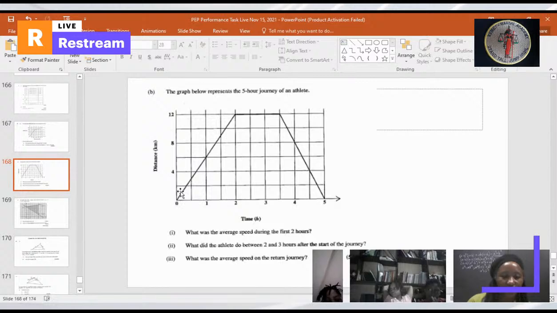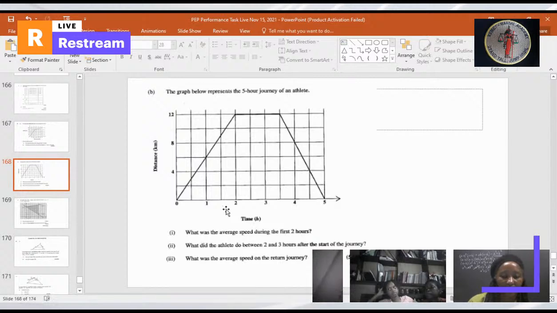So the distance was 12 kilometers. Miss, I was reading it wrong. The distance is 6 kilometers. And the time taken was 2 hours. So 12 divided by 2, so 6. So the speed is 6 kilometers per hour.